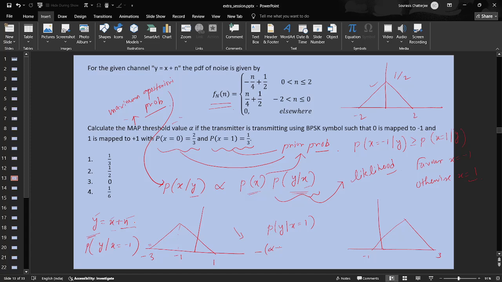Let me just redraw, it's getting too cluttered.